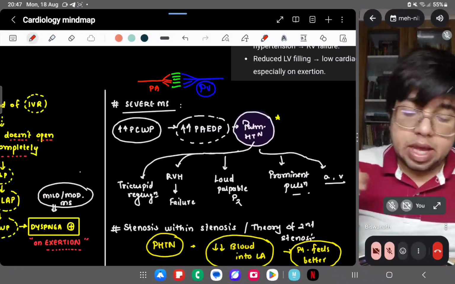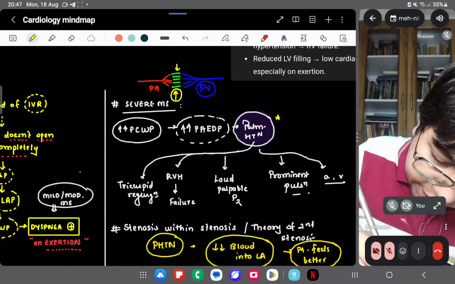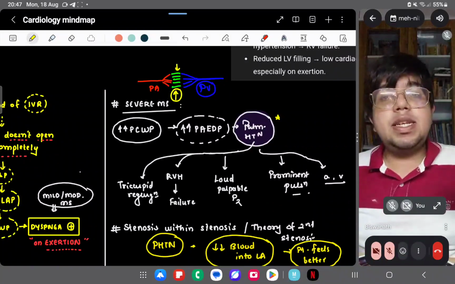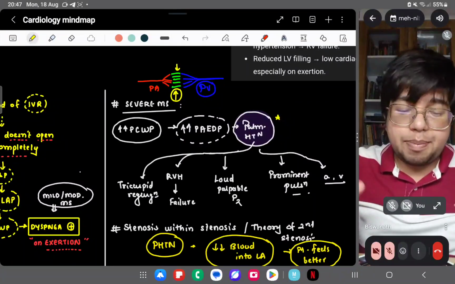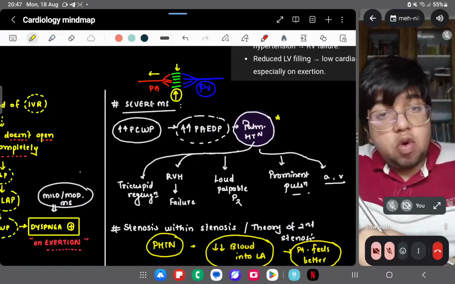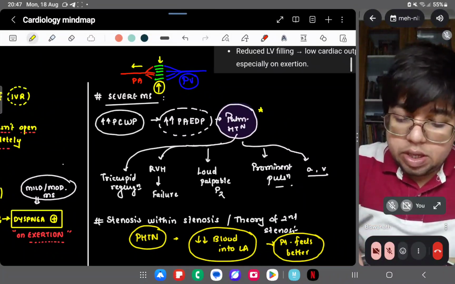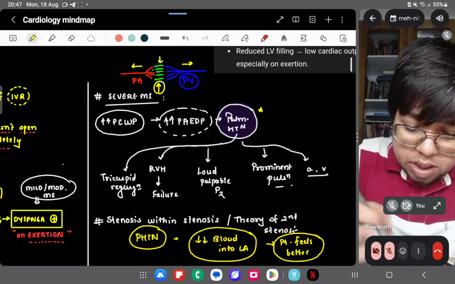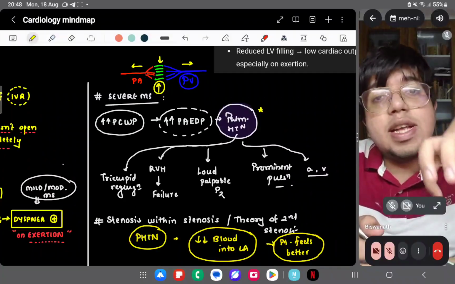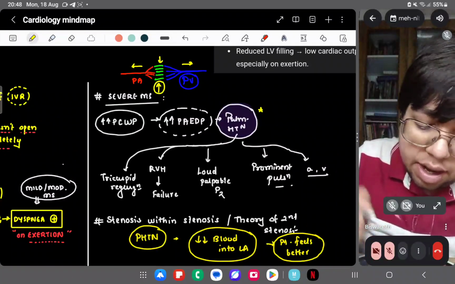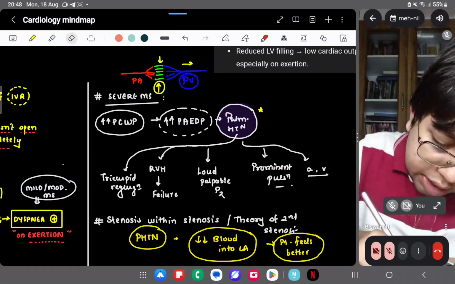So if this pressure is increasing, we have two-way transmission, forward as well as back pressure. Back pressure will go via the pulmonary vein, and forward pressure will go via the pulmonary artery, because the pressure is transmitting like that, right? And the pulmonary vein will have a backward pressure here. So let's change the direction.